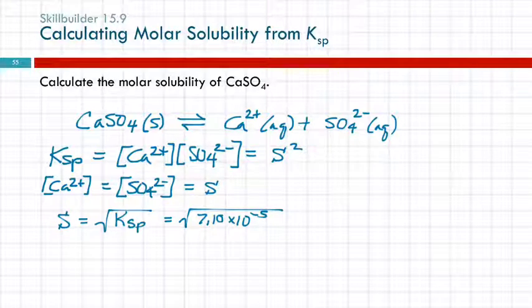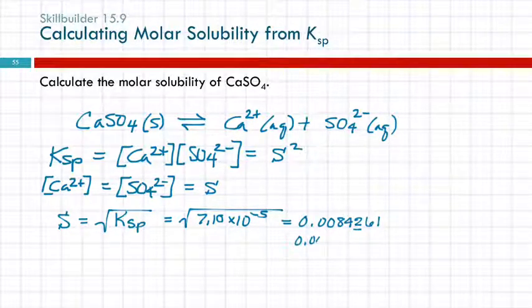So the square root of 7.10 times 10 to the minus 5 equals 0.008426. Yeah, that wasn't a 4 at all. That was another 2. 8426. 3 sig figs.